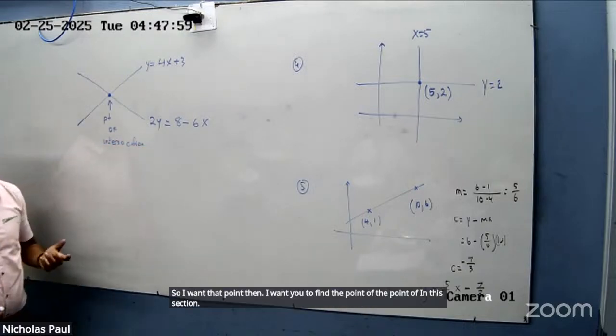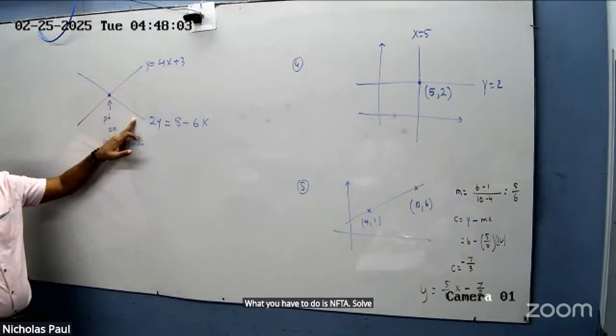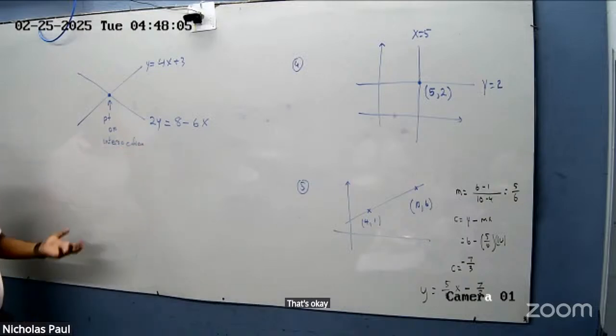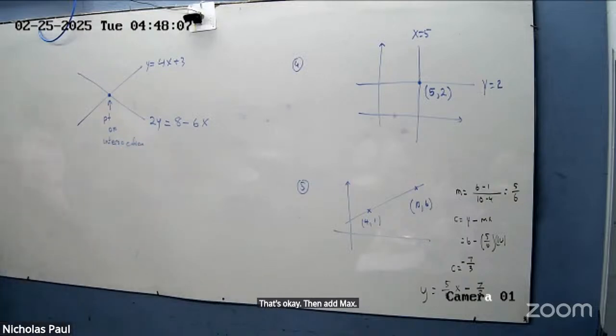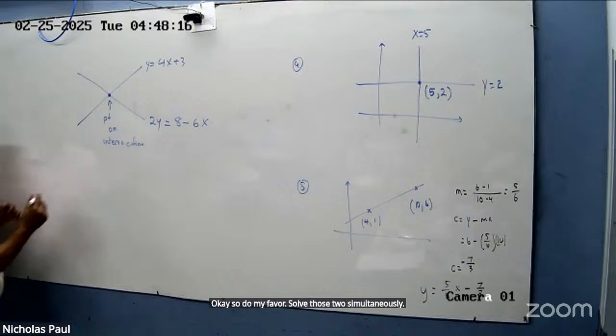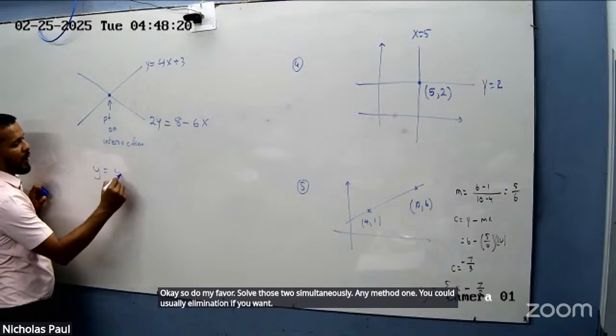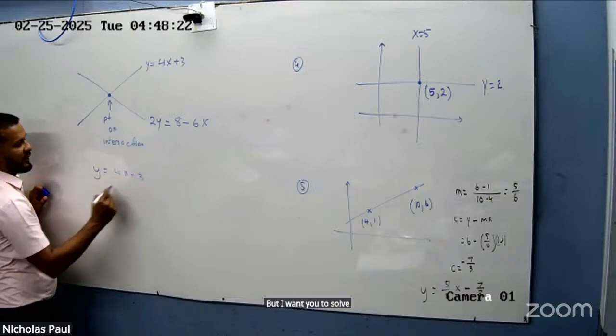What you have to do is solve them simultaneously. In add maths, most of the time they use the substitution method. So do me a favor, solve those two simultaneously. Any method you want. You could use elimination if you want.